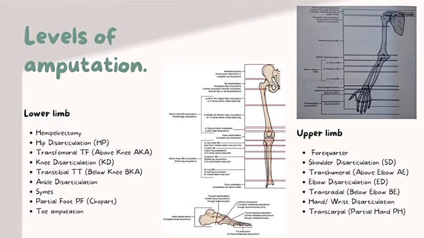For the lower limb, we have hemipelvectomy, hip disarticulation, transfemoral, above the knee, knee disarticulation, transtibial, ankle disarticulation, Syme's, partial foot, toe amputation. And for the upper limb, you have the forequarter, shoulder disarticulation, transhumeral, elbow disarticulation, transradial, hand-wrist disarticulation, and transcarpal.